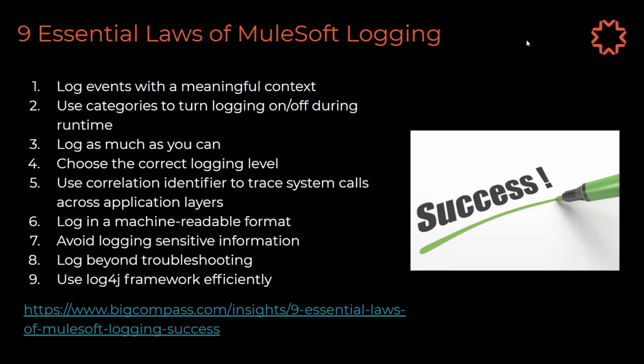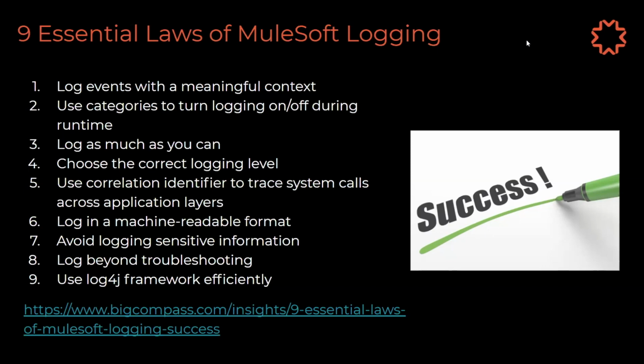Use a machine readable format: if you're going to feed this into Splunk or ELK, that allows a user to create much more powerful searches. You may want to standardize on JSON. You can set that up in Log4j, or MuleSoft Professional Services has a custom connector, which is basically a JSON logger. The code's available on GitHub.